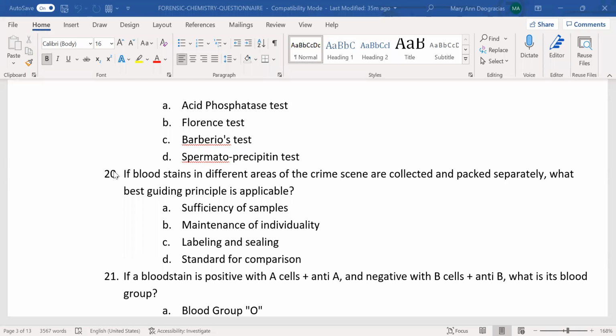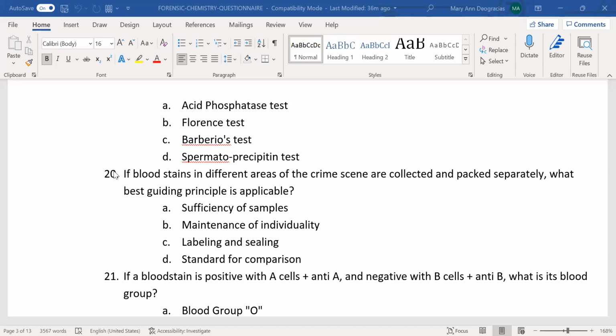Okay, number 20. Kung daw yung mga blood stains ay nasa iba't ibang bahagi nung crime scene. Okay, what best guiding principle is applicable? A, hindi na yan. Hindi nakasama si letter A. Mag-ano kasi kayo? Mag-cancel kayo. Letter B, maintenance of individuality. Ano ba yung maintenance of individuality? Letter C, labeling and sealing. Kasama ba si sealing? Does it matter? May relationship ba siya doon sa sealing?